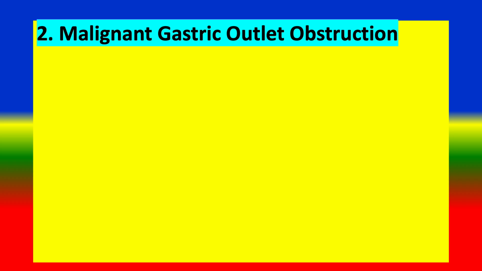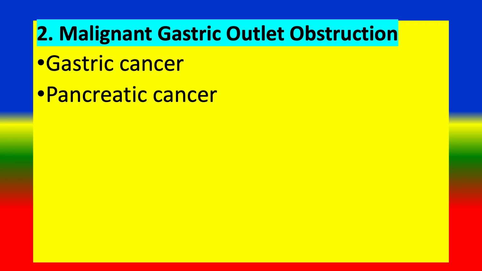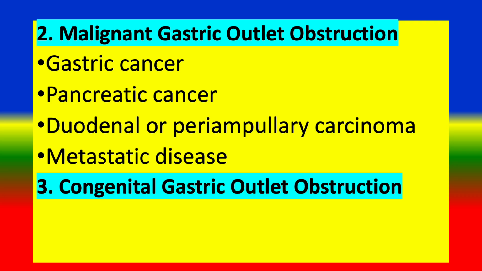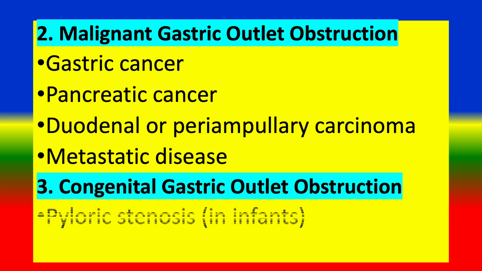Malignant gastric outlet obstruction: gastric cancer, pancreatic cancer, duodenal or periampullary carcinoma, metastatic disease. 3. Congenital gastric outlet obstruction: pyloric stenosis in infants.